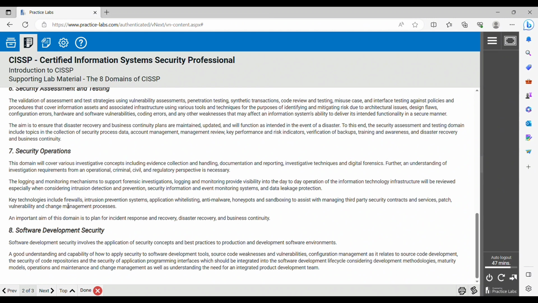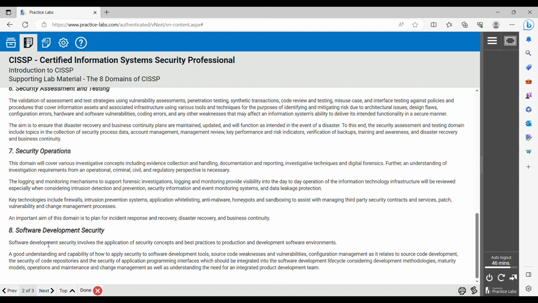Key technologies include firewalls, intrusion prevention systems, application whitelisting, anti-malware, honeypots, and sandboxing to assist with managing third-party security contracts and service budgets. Vulnerability and change management processes. An important aim of this domain is to plan for incident response and recovery, disaster recovery, and business continuity.